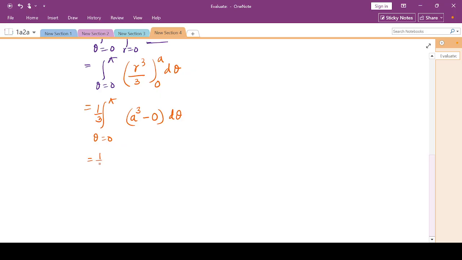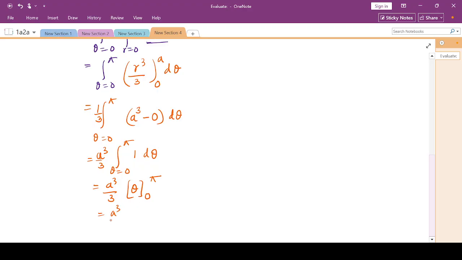So this is 1 by 3 times a cube minus 0, which is a cube. a cube is a constant, so you can take it outside. You get theta running from 0 to pi of 1 d theta. So it is a cube by 3 times the integration of 1 with respect to theta, which is theta, varying from 0 to pi.